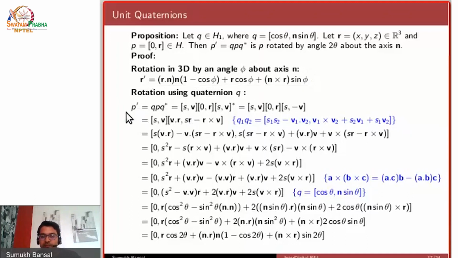So P' is Q P Q conjugate. We put in the values for Q, P and Q conjugate. So this is (s, v), (0, r), and then (s, -v).